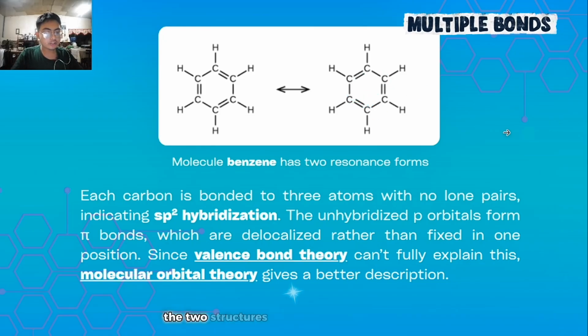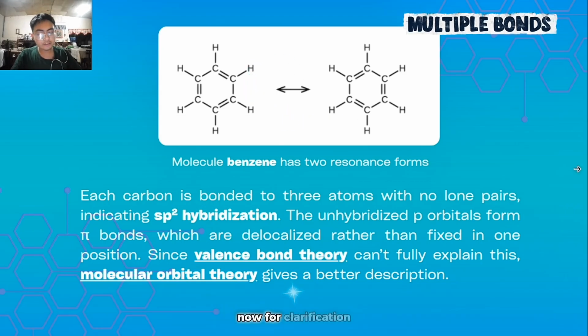The two structures are identical. They only differ in the placement of the pi bonds. One has the double bonds in one set of positions and the second structure has them in the other set. It is basically like a mirror. They are connected by a double-headed arrow to indicate that they are resonance forms.